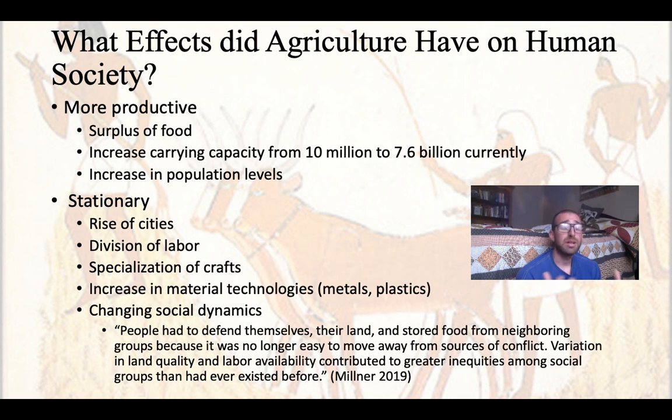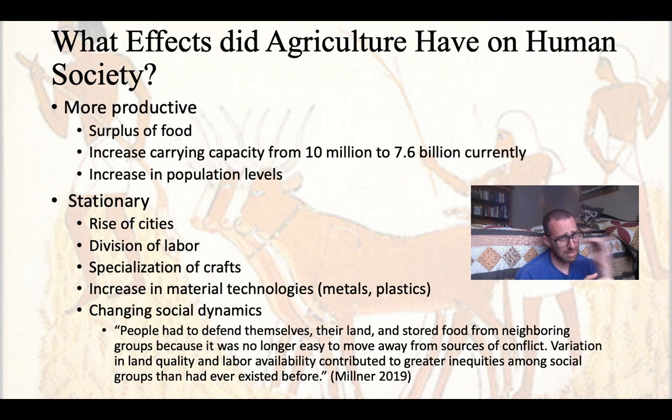As an example, they estimate that if we had stayed as hunter-gatherers, the carrying capacity, the maximum amount of people that could have existed on Earth, would have been 10 million people. And they think around that time, when agriculture starts developing, that was the population size of the Earth, around 10 million.